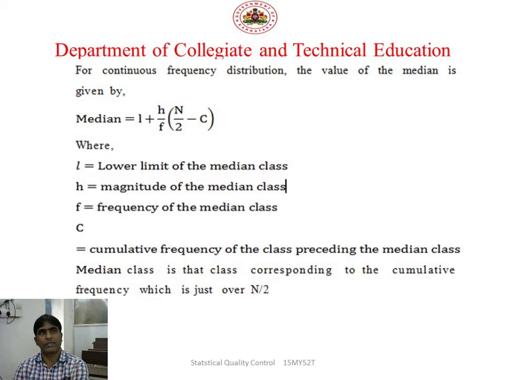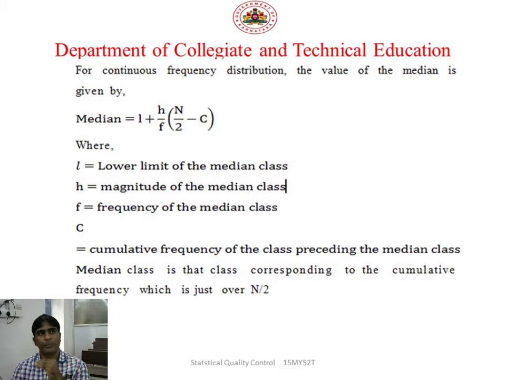Next, small h is the magnitude of the median class. Small f is the frequency of the median class, the corresponding frequency of that median class. C is the cumulative frequency preceding the median class.